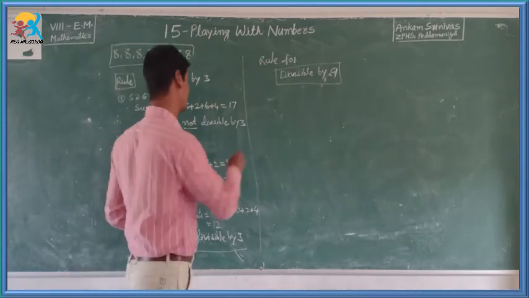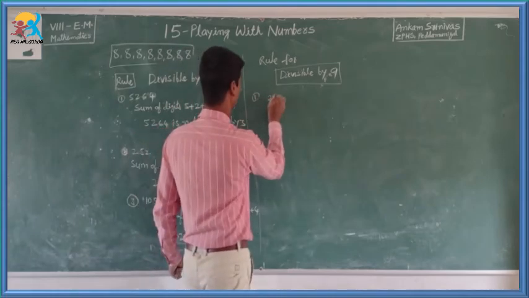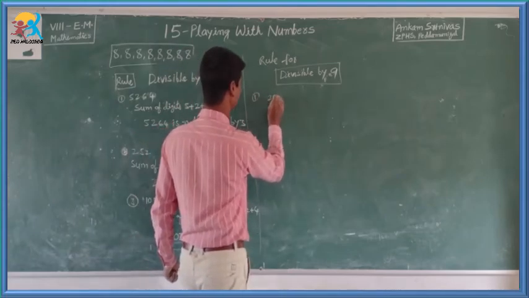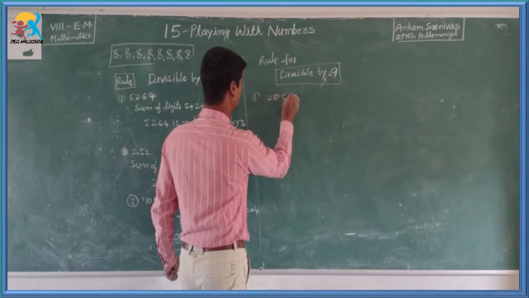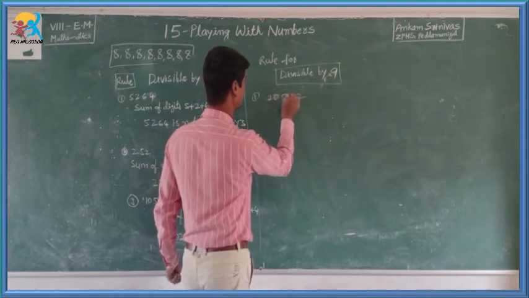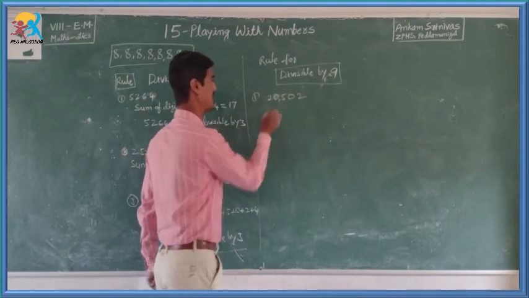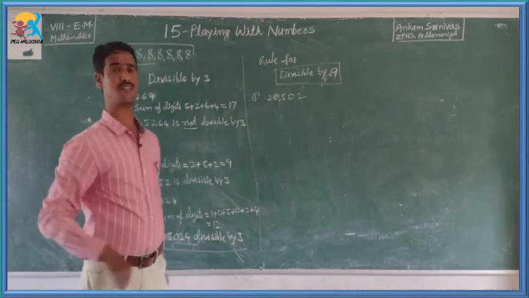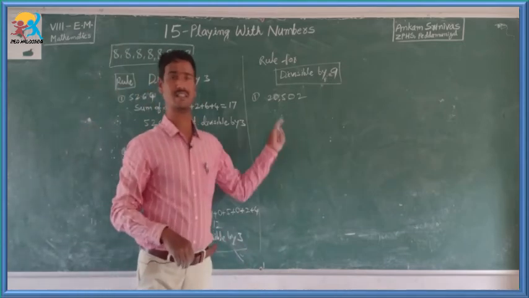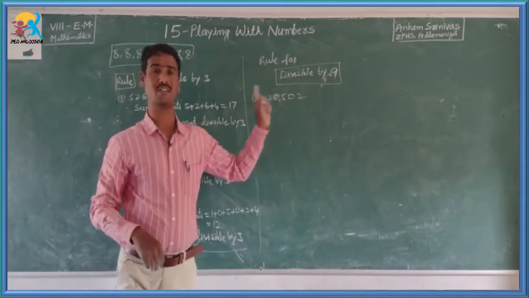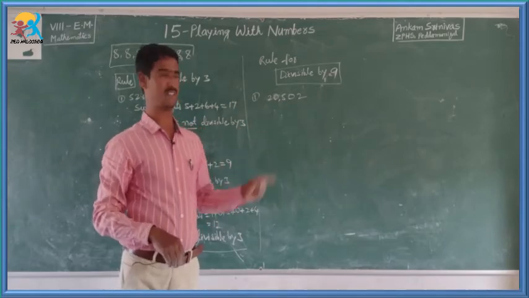Suppose I take a number 20,502. Check whether it is divisible by 9 or not without actual division.